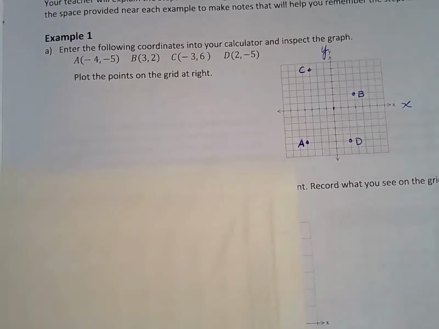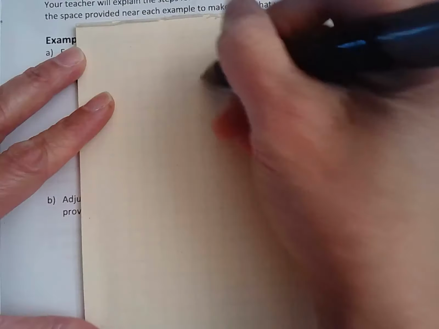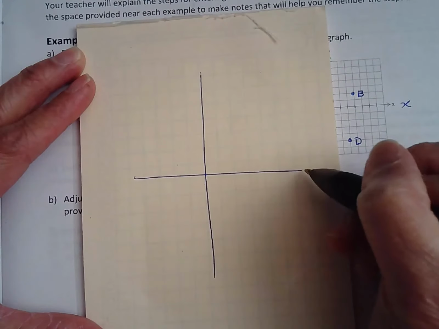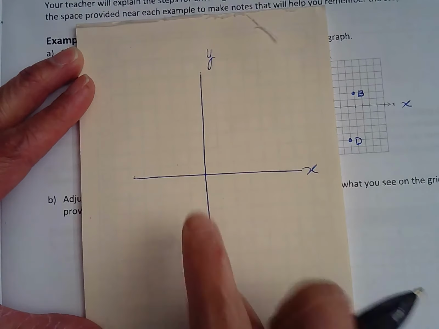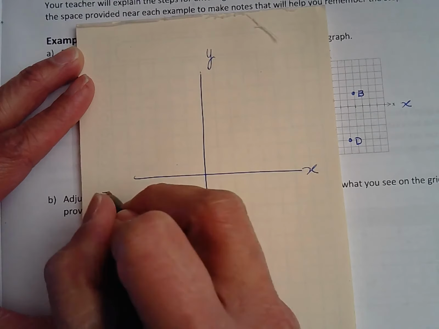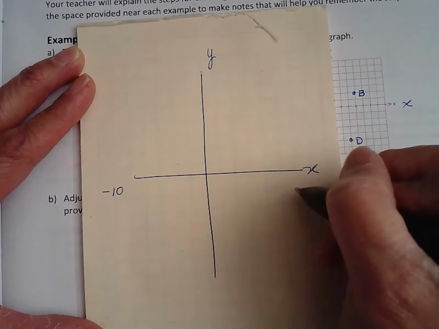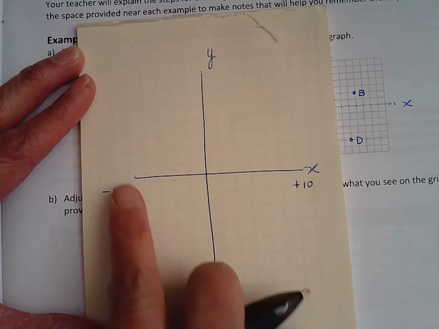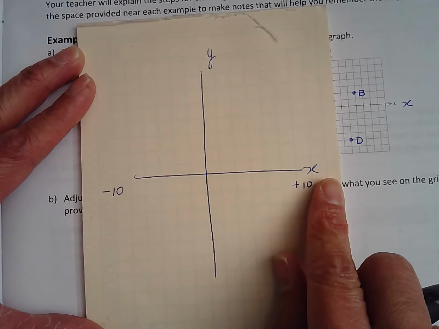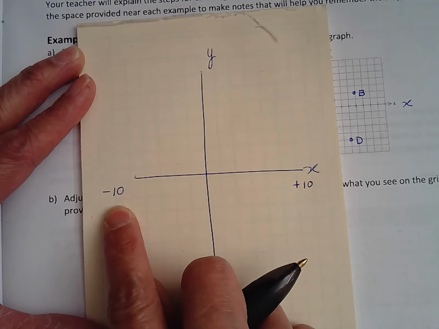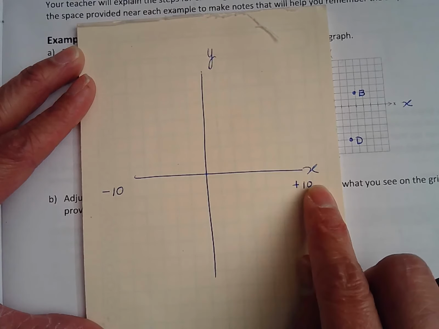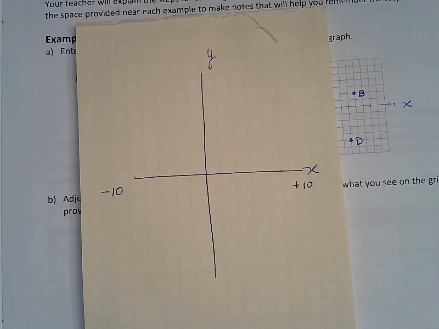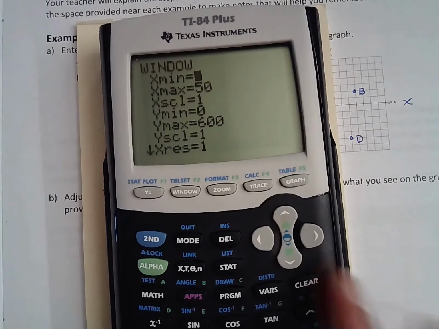The standard axis is this: x-axis, y-axis. Your minimum is -10 and your maximum is +10. So this is what your axis is, from -10 to 10.